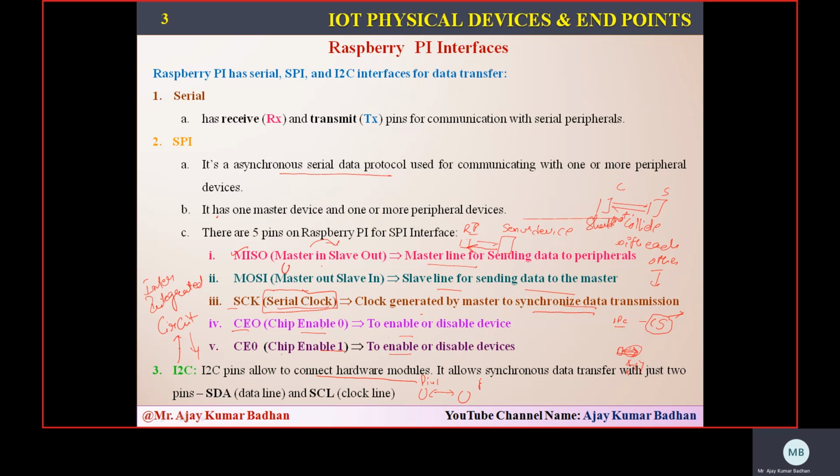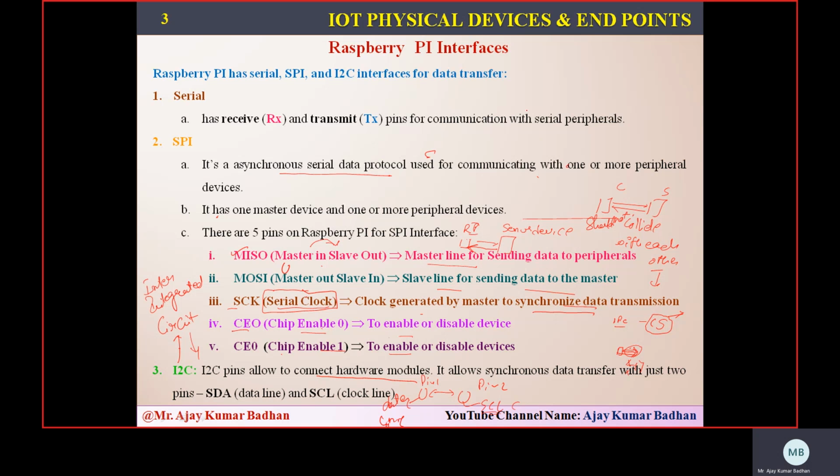We have two pins, pin 1 and pin 2. Pin 1 is for data transmission, the data line, SDA, and the other one is SCL, the clock line. Let me write the synonyms.